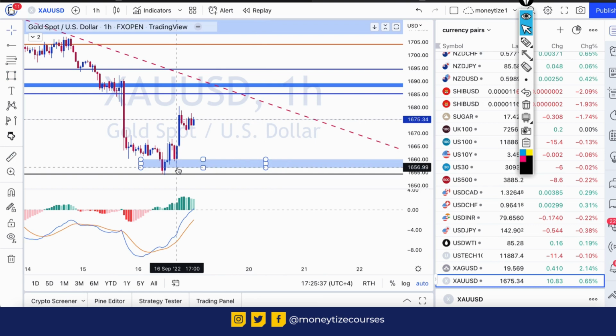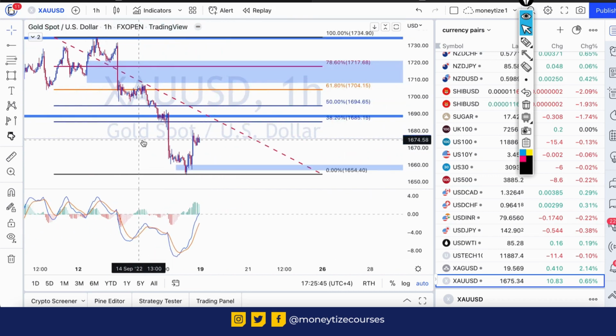So you can protect your buy side for the short term with a stop loss below 1657. First target could be 1694, followed by 1704, and the best case scenario on the bullish side, it may take towards 1717 or 1720 in the round number.